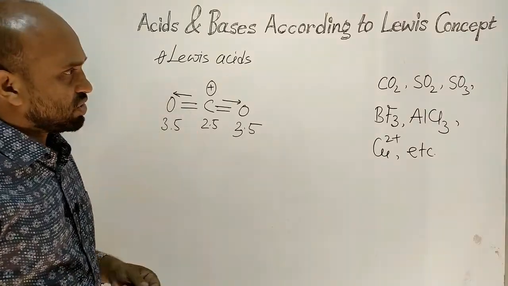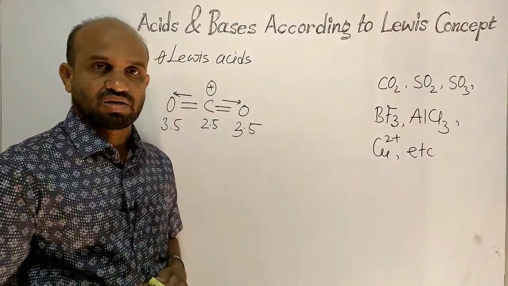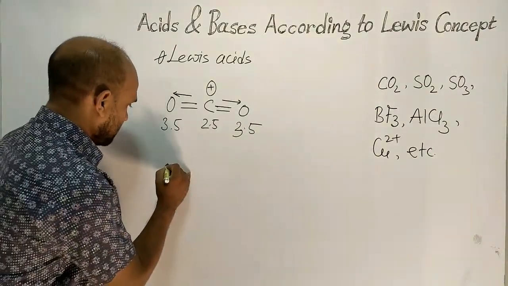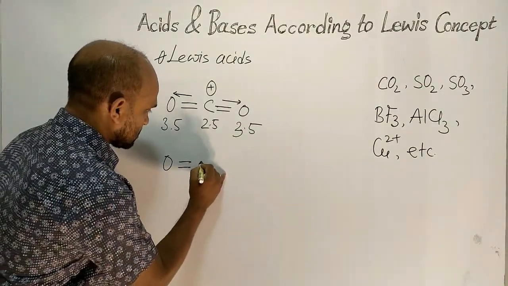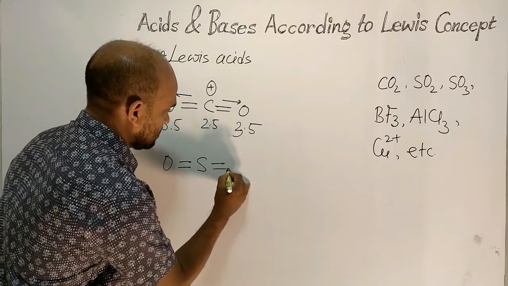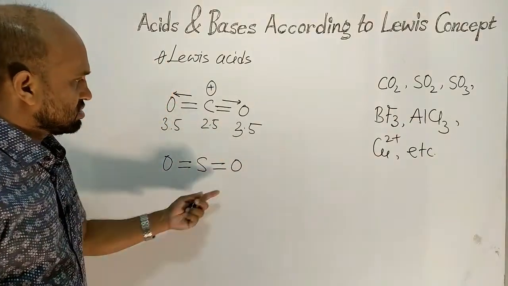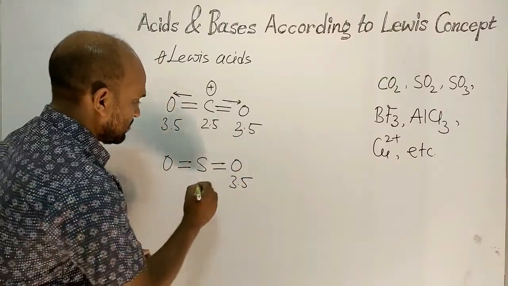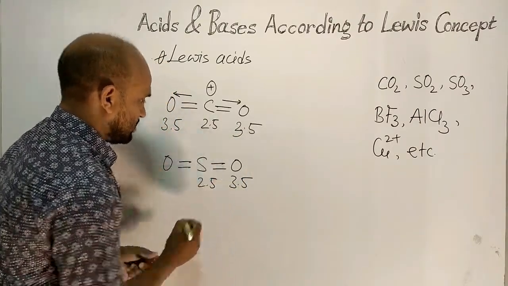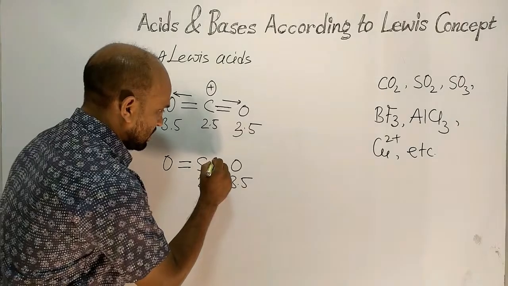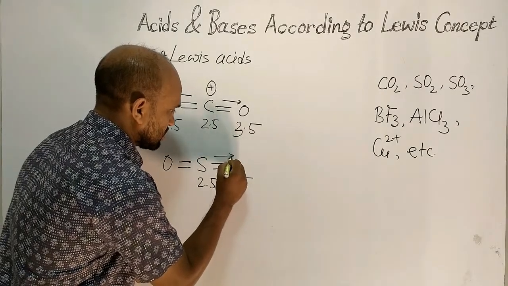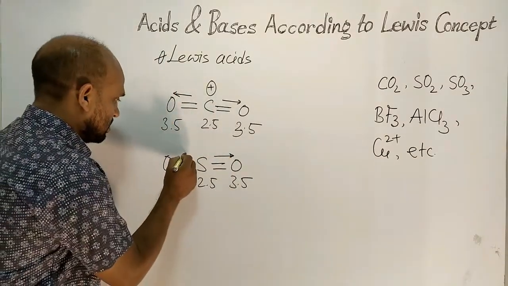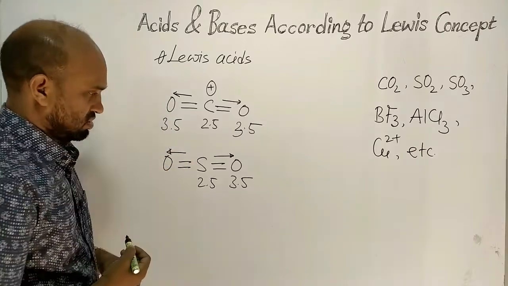Now let's see another compound, that is sulfur dioxide. The same structure formula of sulfur dioxide. Oxygen's electronegativity is 3.5, sulfur 2.5. So covalently bonded electrons move towards oxygen.